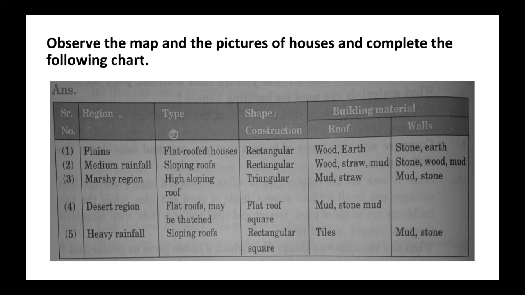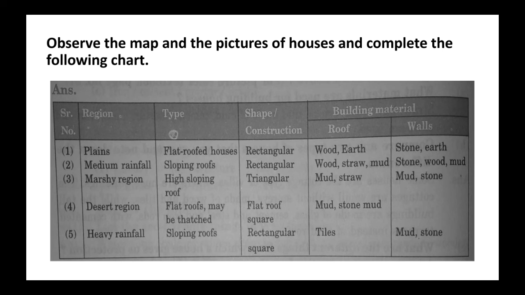Observe the map and the picture of houses and complete the following chart. Now this map is given on page number 52 of your textbook, and this question is given on 53.